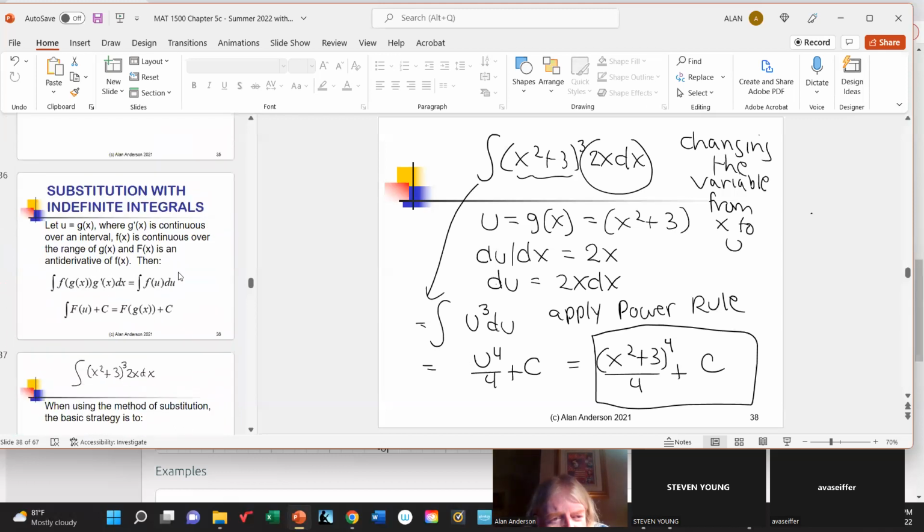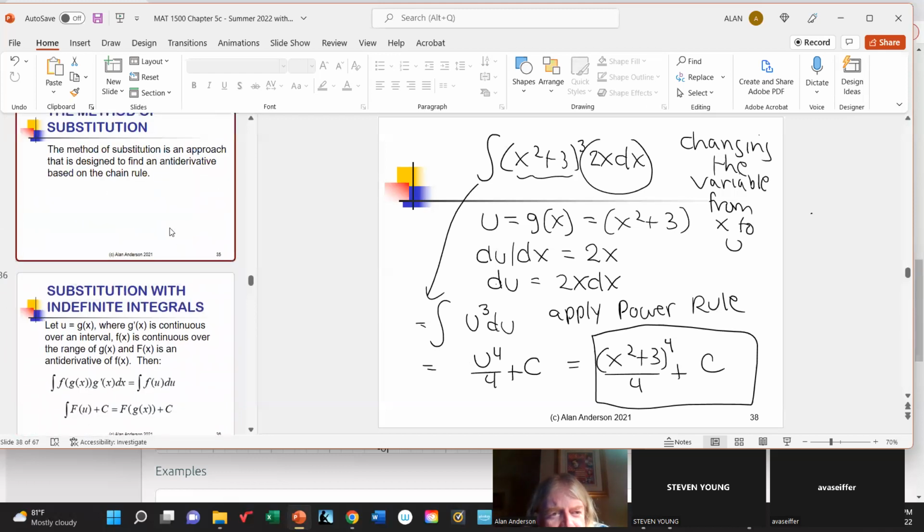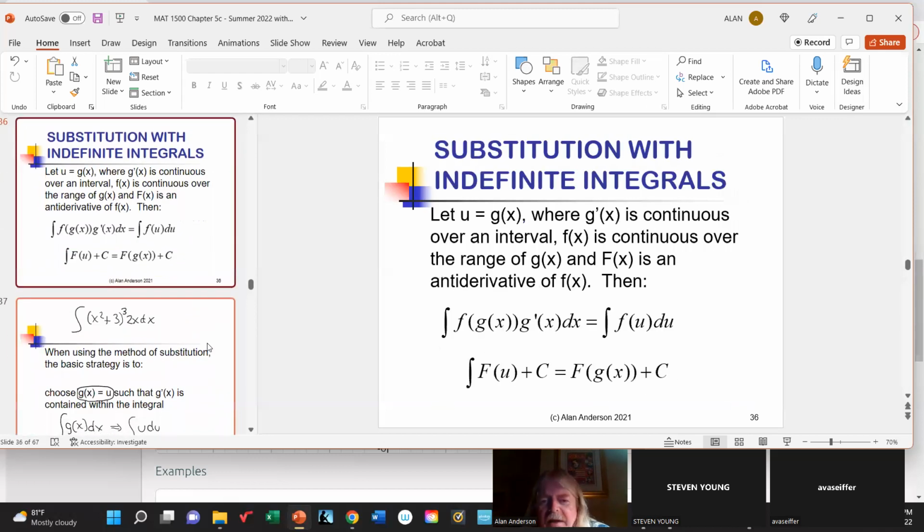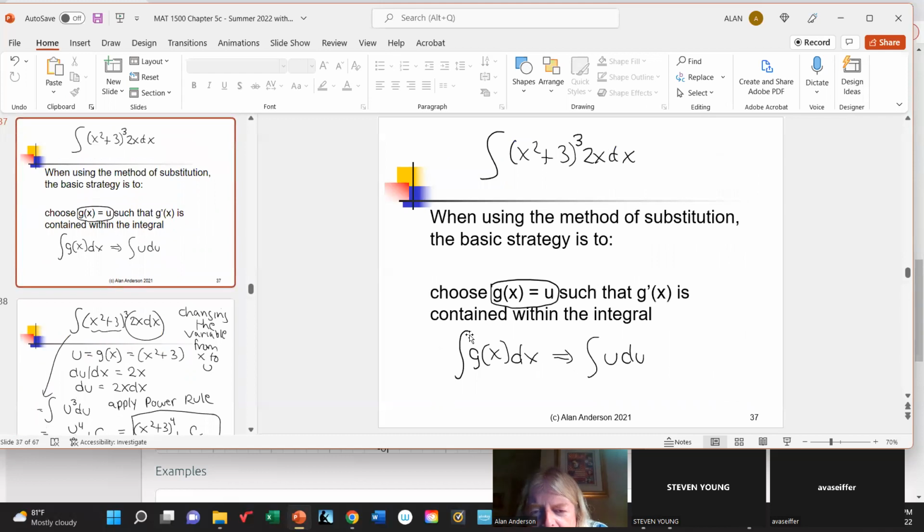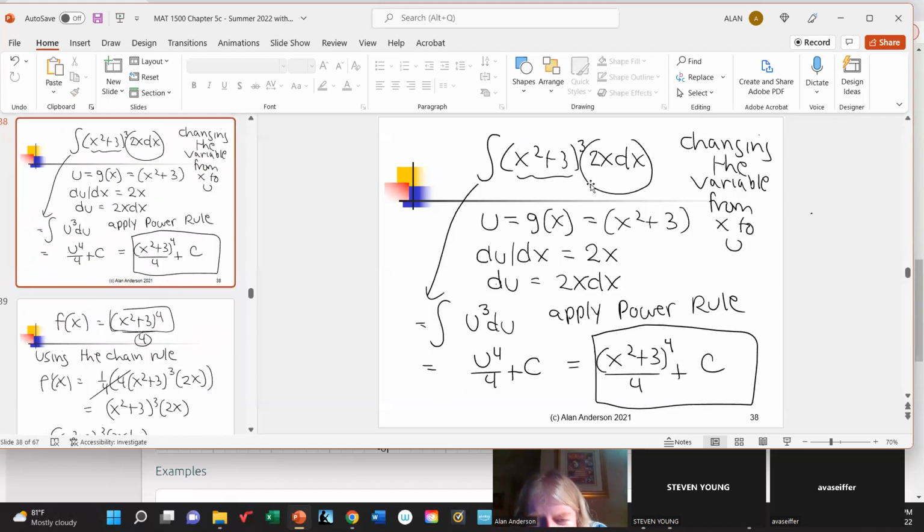So what we're doing here is called the method of substitution. And we're specifically applying it here to indefinite integrals. Later on, we'll apply it to definite integrals as well. But the point of it is that, yes, we could have expanded this and turned it into a very messy polynomial.